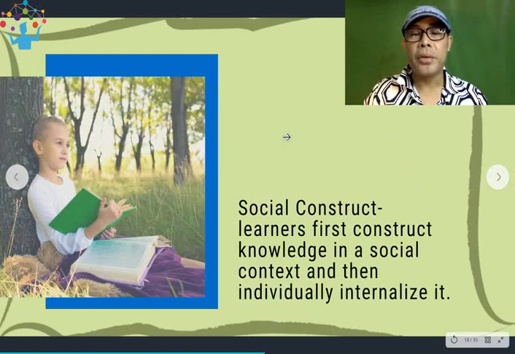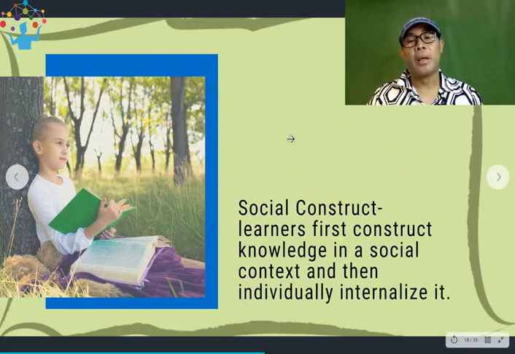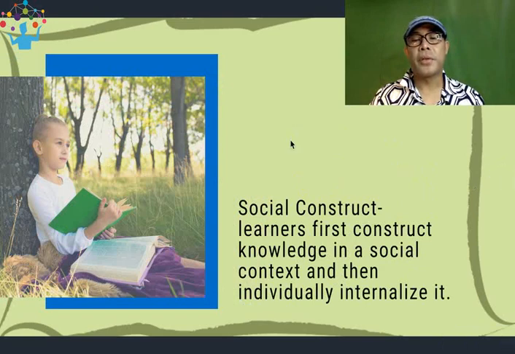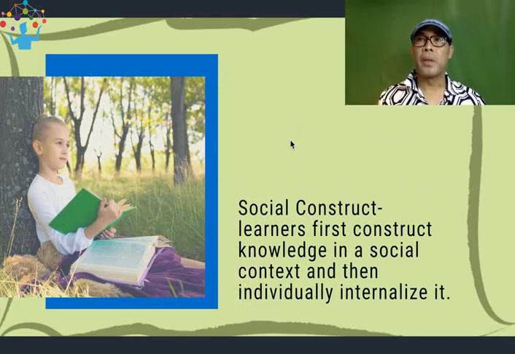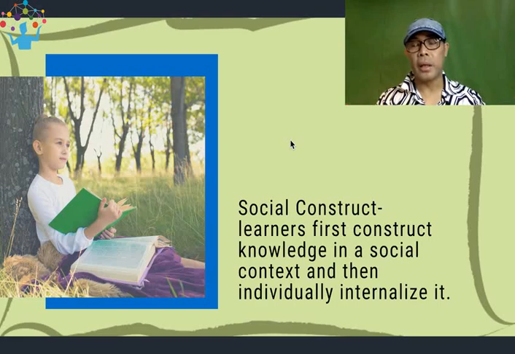Next is social constructivism. In social constructivism, learners first construct knowledge in a social context and then individually internalize it. So it's not only about social interaction that builds learning, but we also create an opportunity for children to do a kind of introspection, a kind of reflection on their individual role in society.